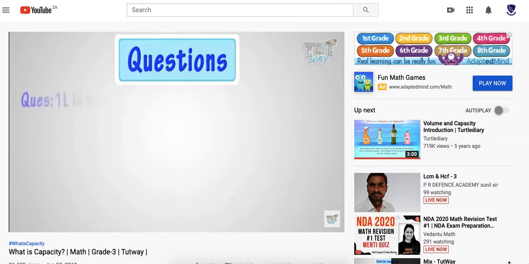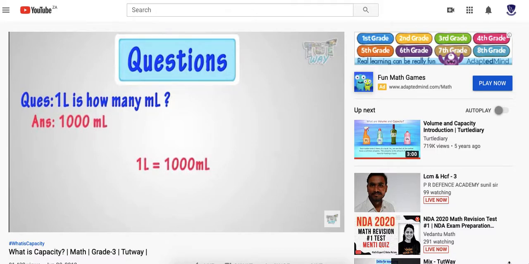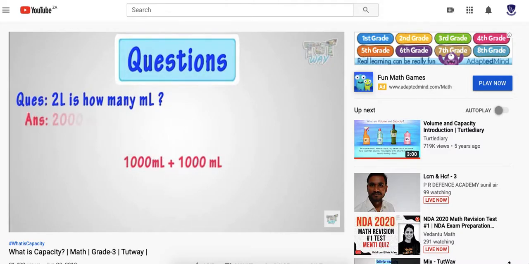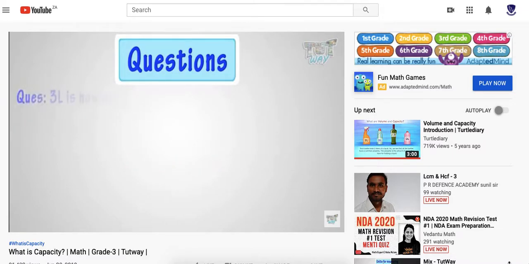1 liter is how many millimeters? It is 1,000 milliliters. 2 liter is how many milliliters? 1,000 milliliters plus 1,000 milliliters equals 2,000 milliliters. 3 liters is how many milliliters?